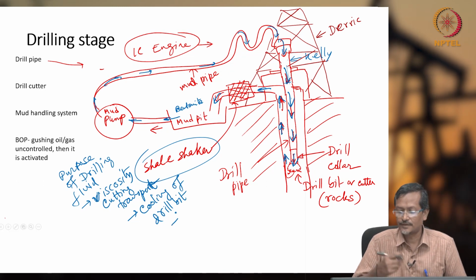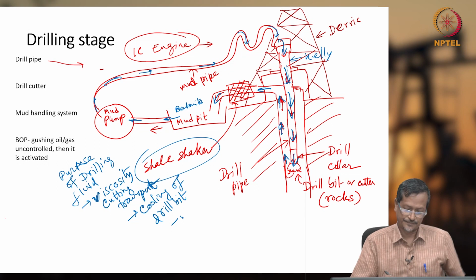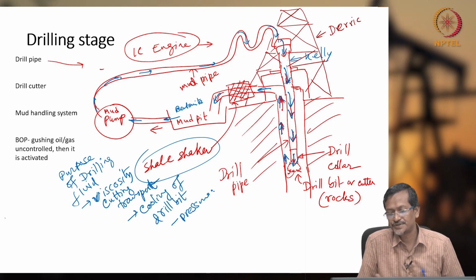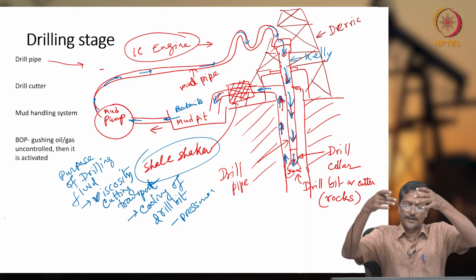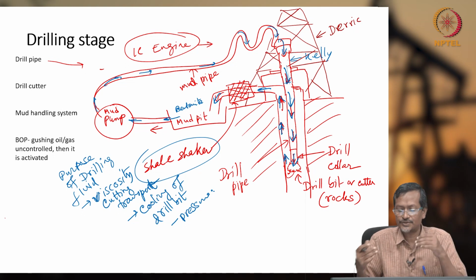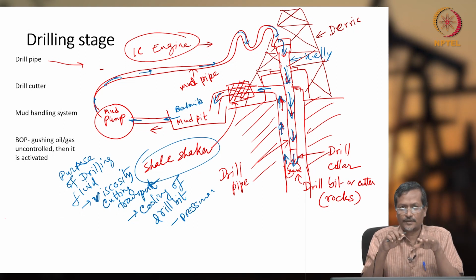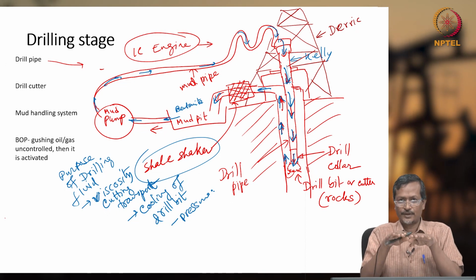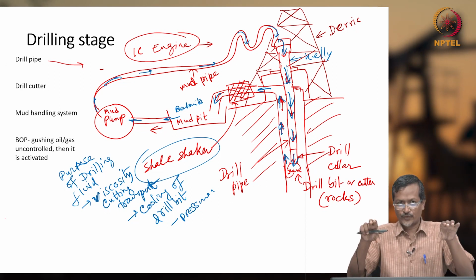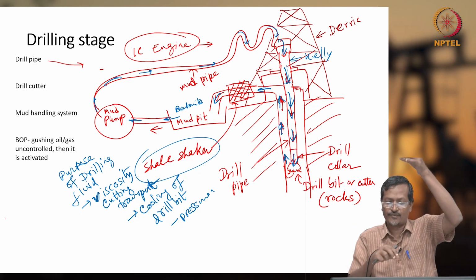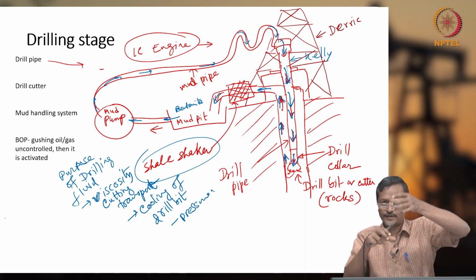Next is creating hydrostatic pressure. So, why is hydrostatic pressure required? When you are drilling a wellbore, I already discussed in another lecture that oil and gas is stored in a certain rock area, a formation, and above it there will be a cap rock.